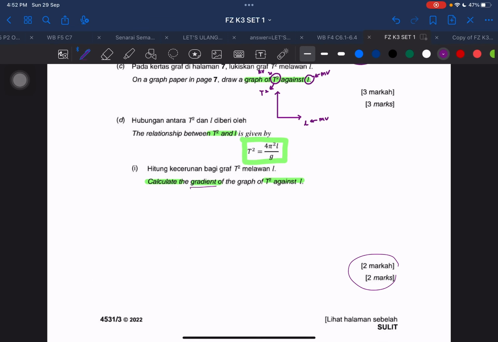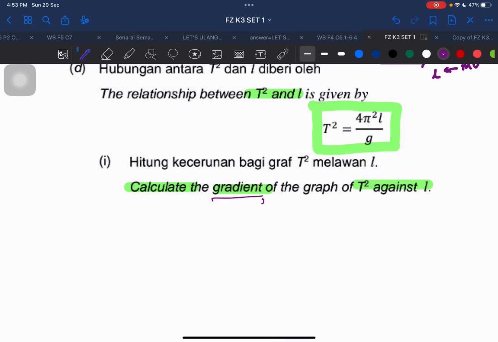Oh, they don't give any symbol. Determine the gradient. Sometimes they do it like this: calculate the gradient, m, of graph t squared against L. So m, let's say I just add m, equal to y1 minus y2, or the other way around, over x1 minus x2.